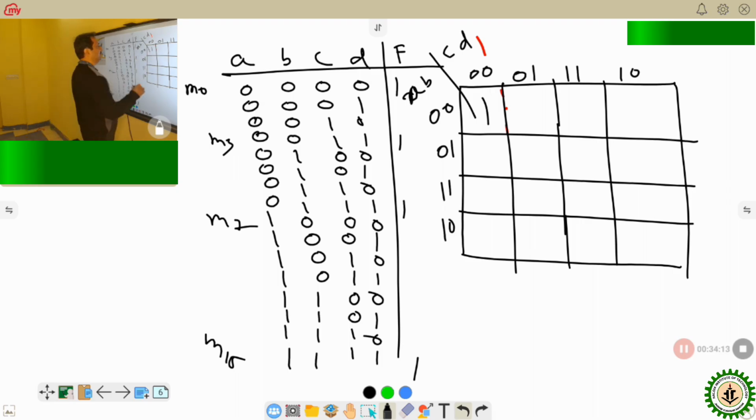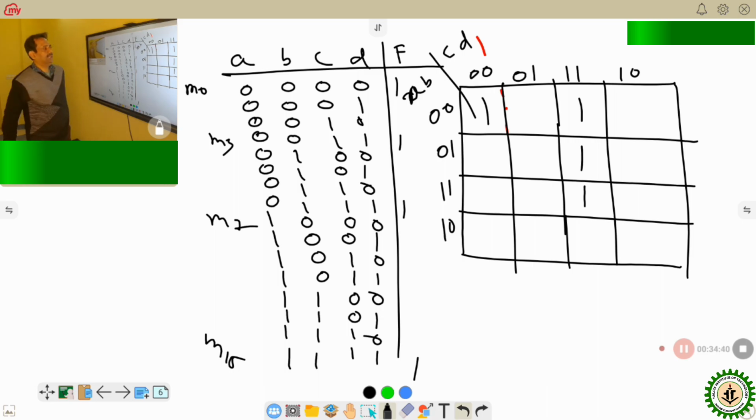So just M0 position is 1. And next, M0, M1, M2 and M3 positions are 1. And M4, M5, M6 and M7 positions are 1. And M8, M9, M10, M11, M12, M13, M14, M15 values are 1.